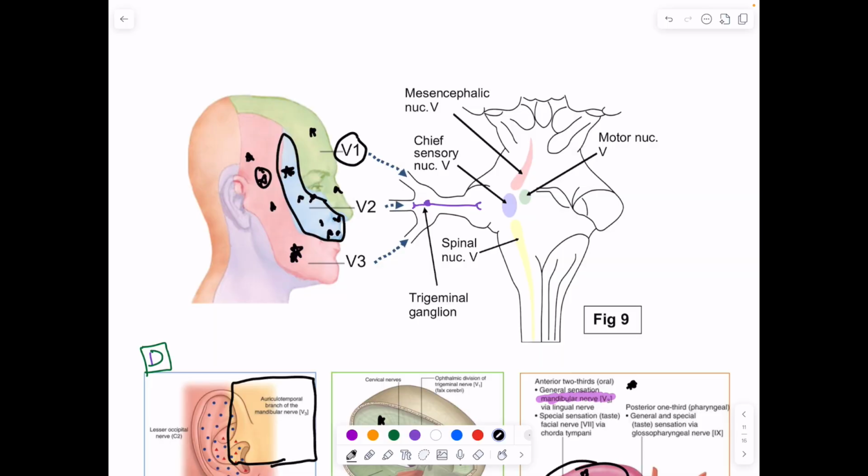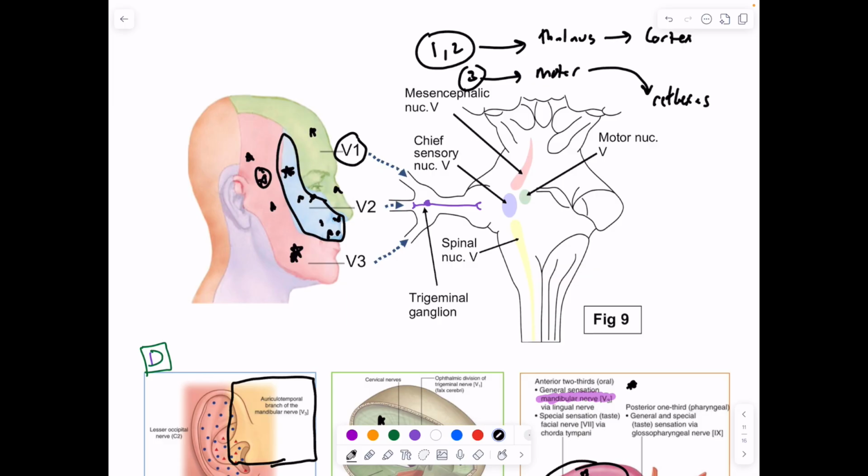So if it's sensory, you betcha we're going to send it up to the thalamus, our relay station, right? Thalamus is the relay station, to the somatosensory cortex. All right, so we already kind of know, 1 and 2 of our three pathways is going to be ultimately thalamus to cortex. And then our third one is motor, which is going to go back to reflexes and how to chew.